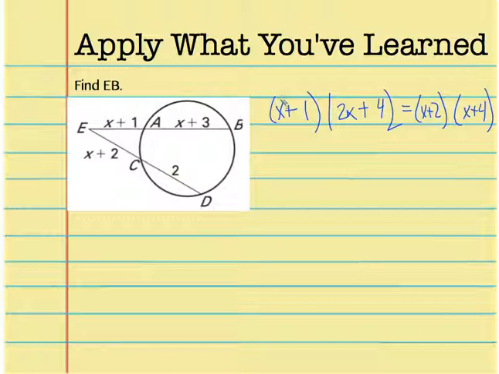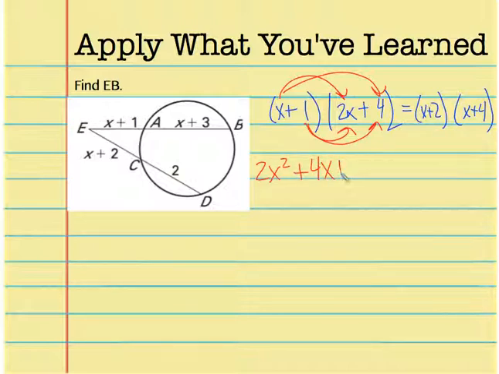So let me FOIL this, just like this. I'm not going to write the arrows on this one. I'd really like for you to pause it and see if you can do that on your own. Can I do it on my own is the question. Okay, so 2x squared plus 4x plus 2x plus 4.